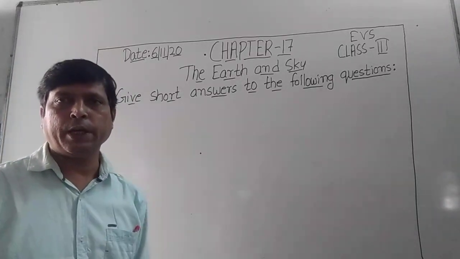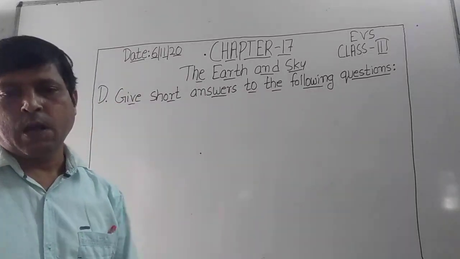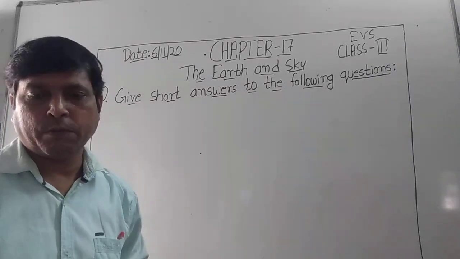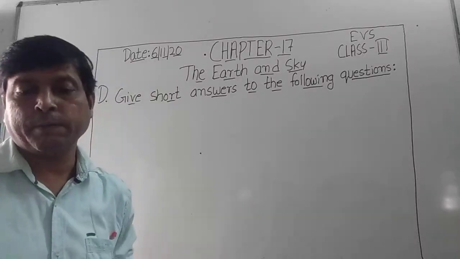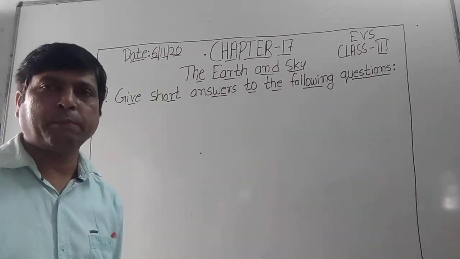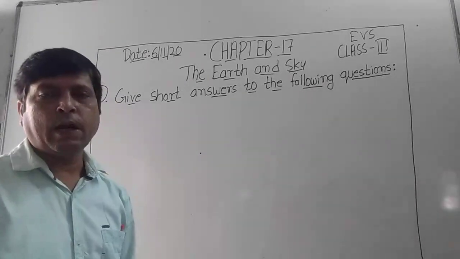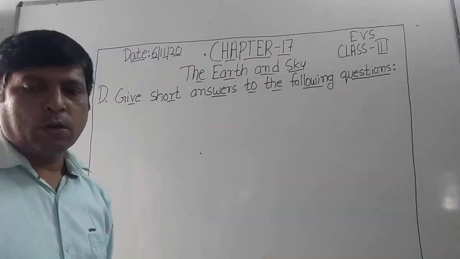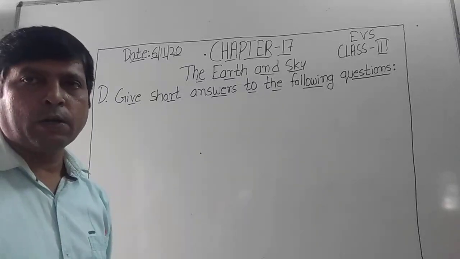We have 8 planets in the solar system, and the names of the planets are Mercury, Venus, Earth, Mars, Jupiter, Saturn, Uranus and Neptune. So student, we have already completed answer number 1. In today's video, let's start with question number 2.